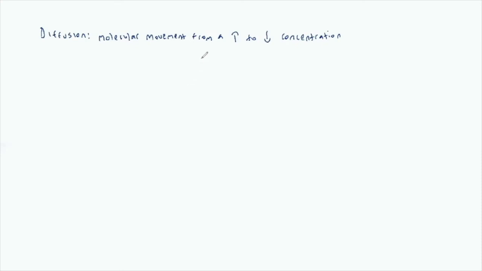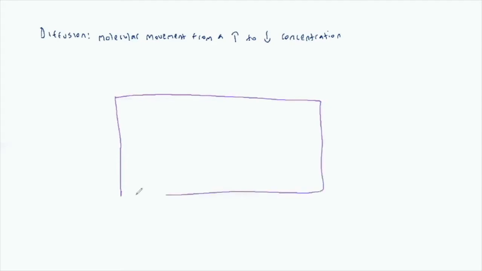Because what happens with diffusion, I'll go ahead and draw a room here. So this is a room. And let's say somebody sprays Febreze on this side of the room here. I'll do Febreze in terms of green.